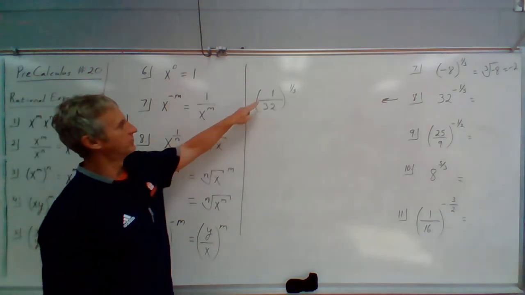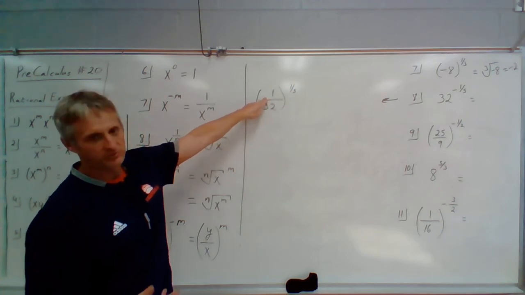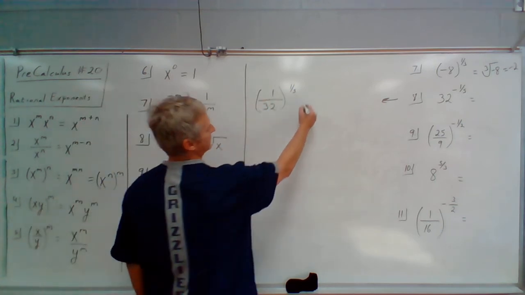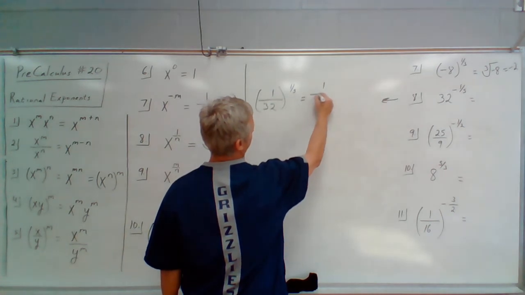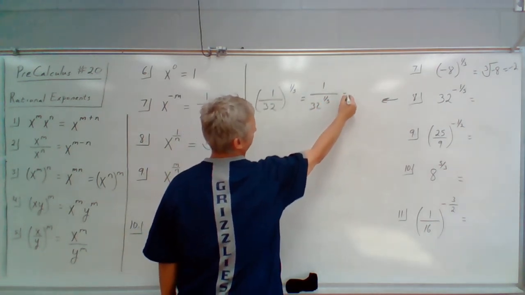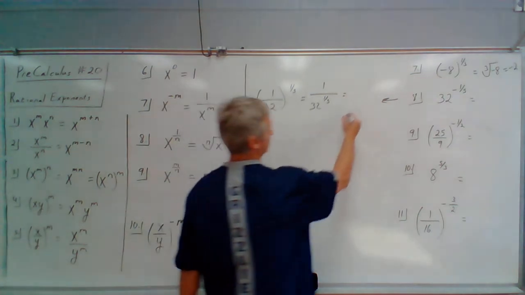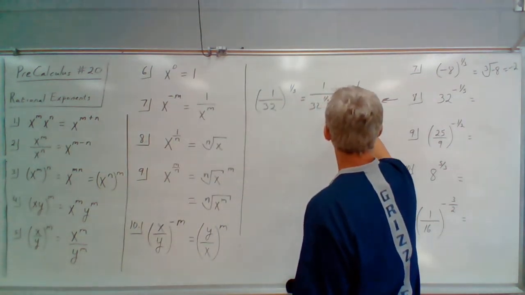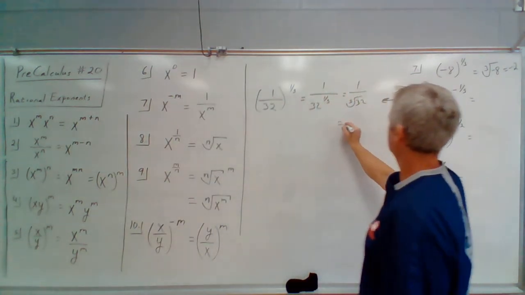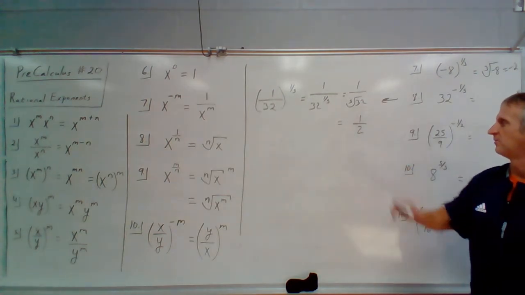Okay, and then this 1/5 would apply to both those, so I would have 1 to the 1/5. 1 to any power is just 1. So that would be 1 over 32 to the 1/5. 32 to the 1/5 is the 5th root of 32. So 1 over 5th root of 32. 5th root of 32 is just 2, so I get 1/2.